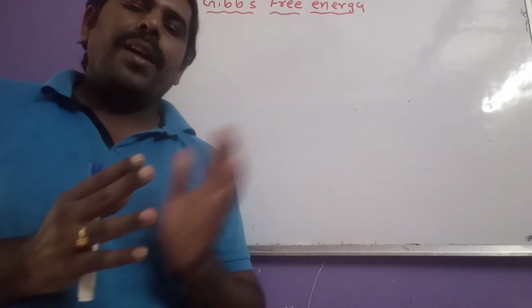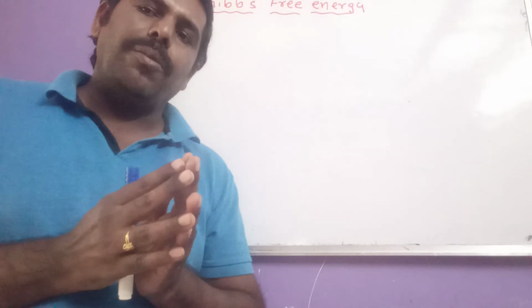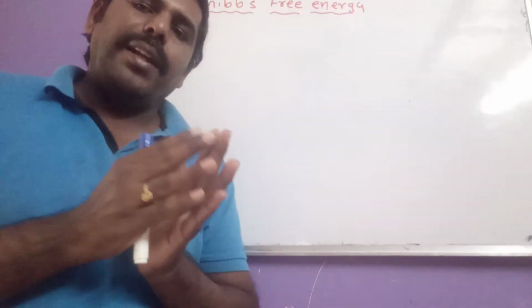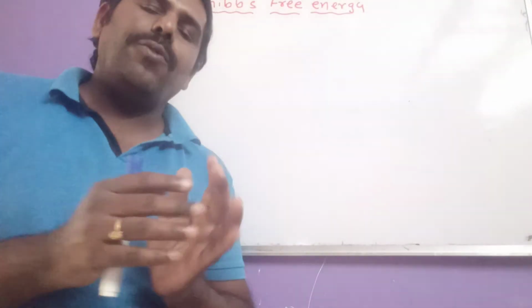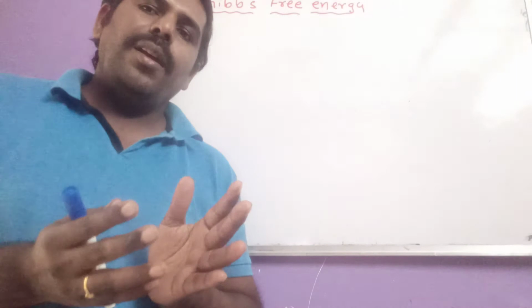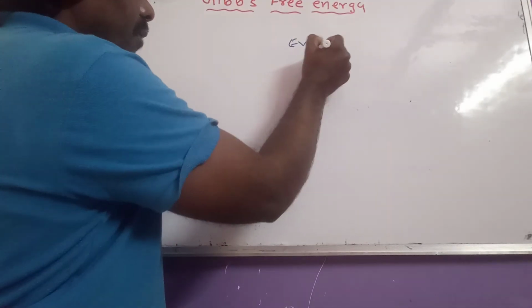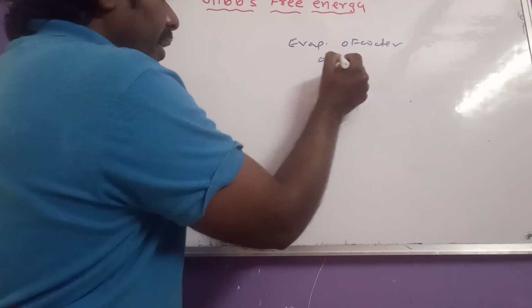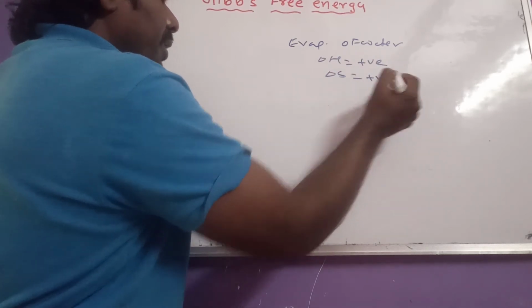Now from the above examples, what we understood is that with delta H negative or delta S positive alone, we are unable to determine spontaneity. In evaporation of water, delta H is positive but delta S is also positive.